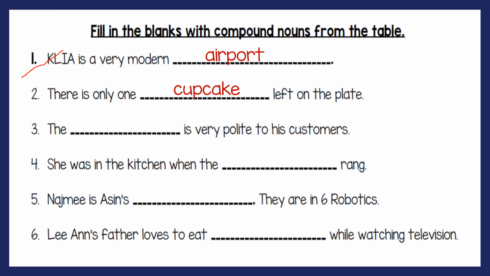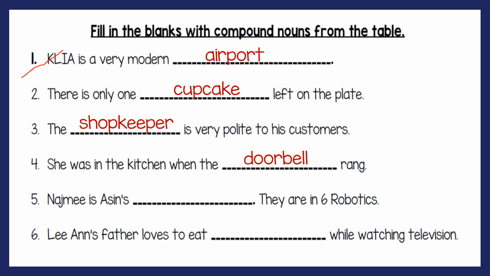Number 3, the shopkeeper is very polite to his customers. Another tick if you got that correct. Number 4, she was in the kitchen when the doorbell rang. Another tick if you got that correct.